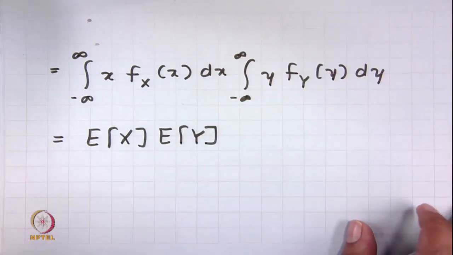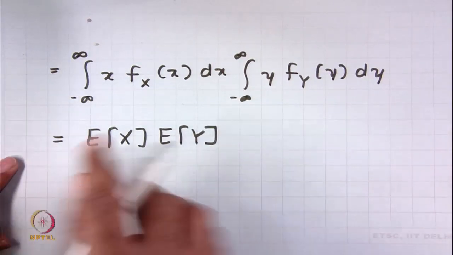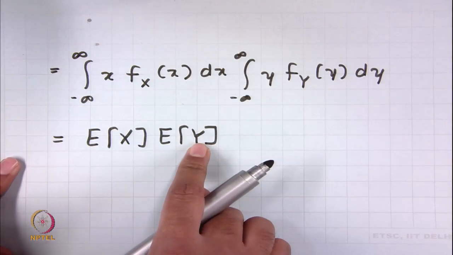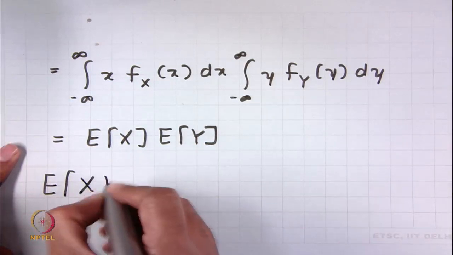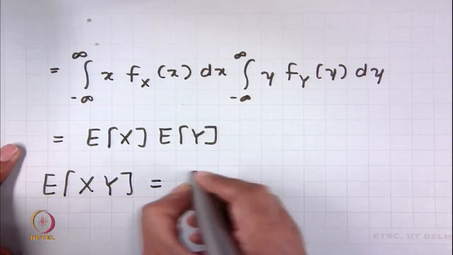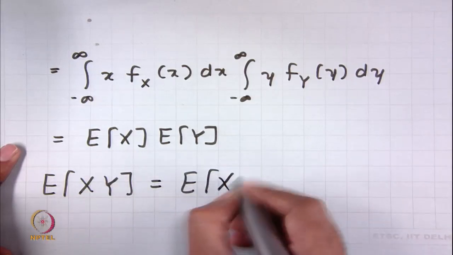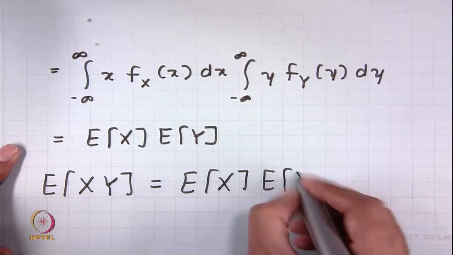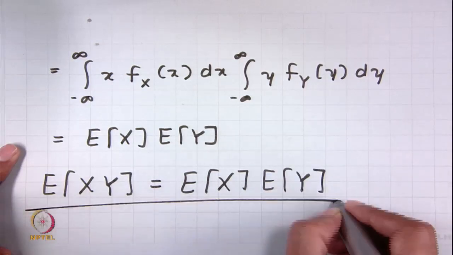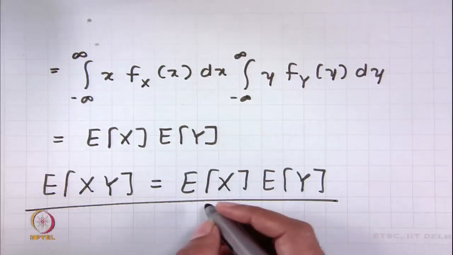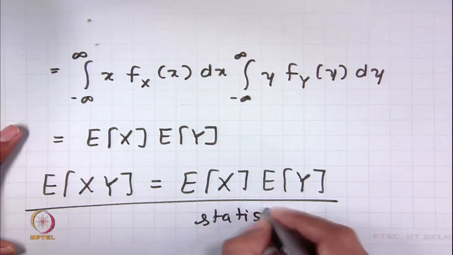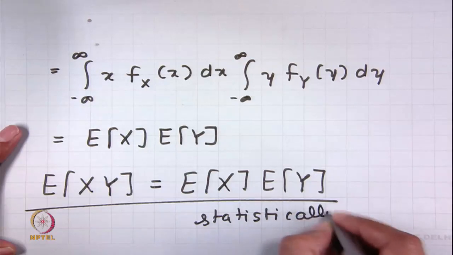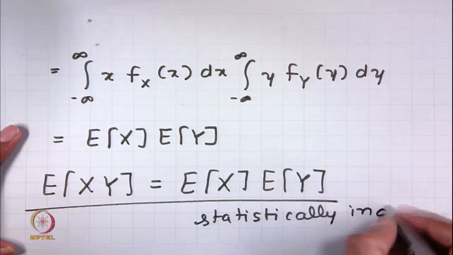So, we have derived an important property: if two random variables are statistically independent, then the expected value of x y is nothing but expected value of x times expected value of y. This will happen if the two random variables involved are statistically independent.